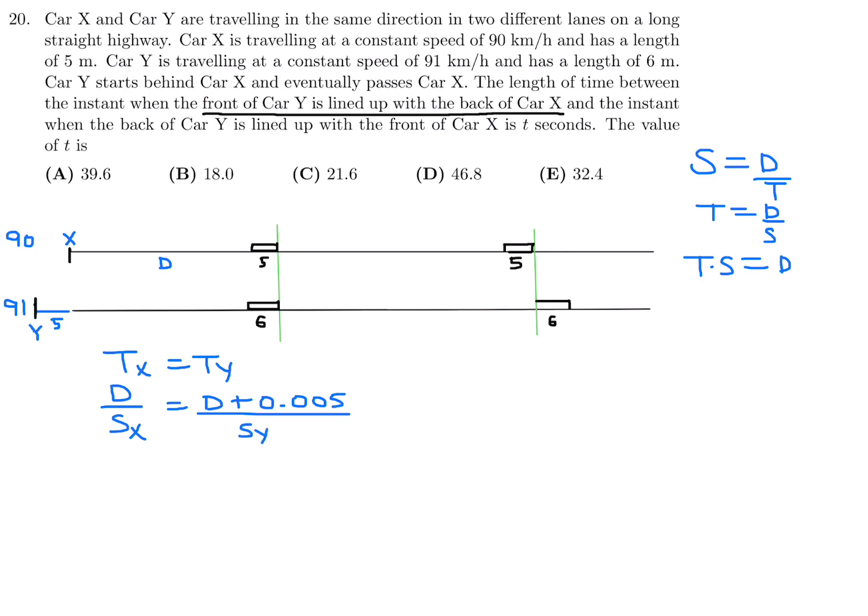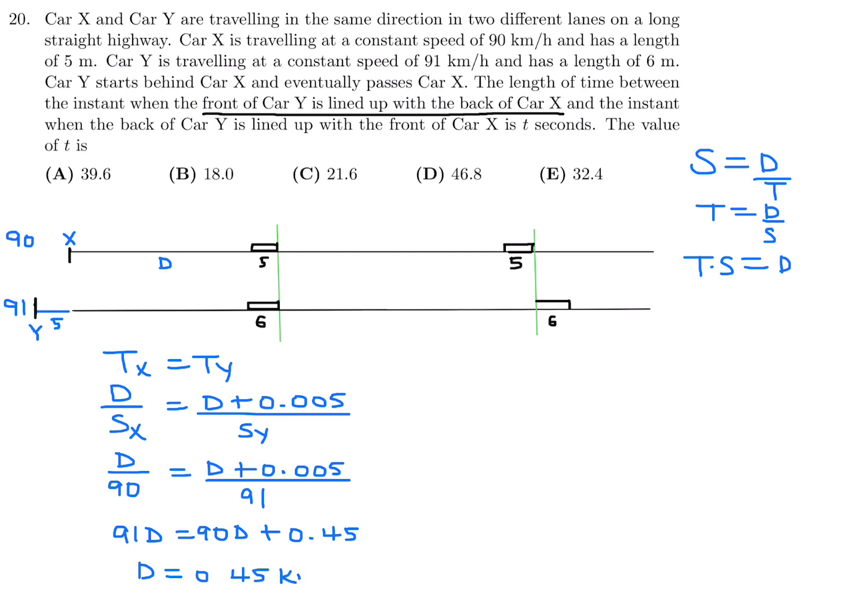So SX is 90 and SY is 91. Cross multiplying, 91D is equal to 90D plus 0.45, and therefore D is equal to 0.45, in kilometers.